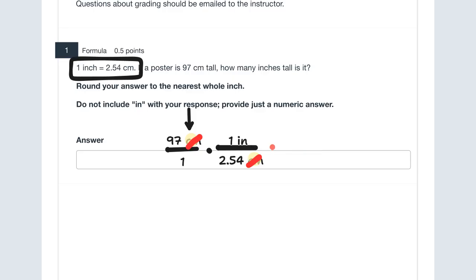Then we multiply together the numbers on the top. 97 times 1 is 97, right? So this is a 97 in the top. And we still have inches in the top as well. And what's in the bottom is just 2.54. Centimeters is not there because it has been canceled.